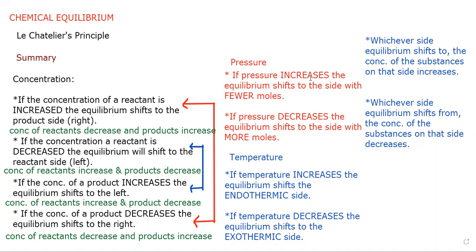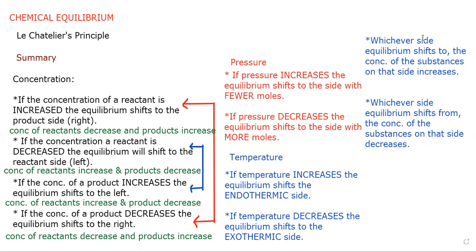For pressure, just remember, once it increases, it shifts to the side with fewer moles. And once it decreases, it shifts to the side with more moles. For temperature, if we increase the temperature, the equilibrium shifts to the endothermic side. And if we decrease the temperature, it shifts to the exothermic side.